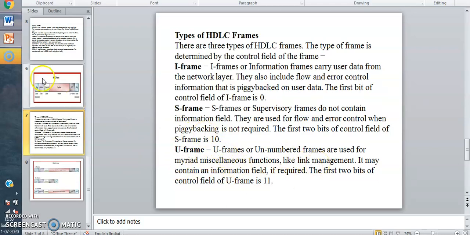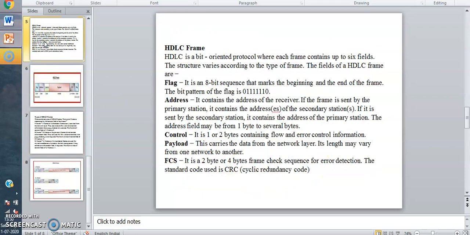And next comes the HDLC frame. What is an HDLC frame? HDLC is a bit oriented protocol where each frame contains 6 fields. HDLC uses synchronous transmission.